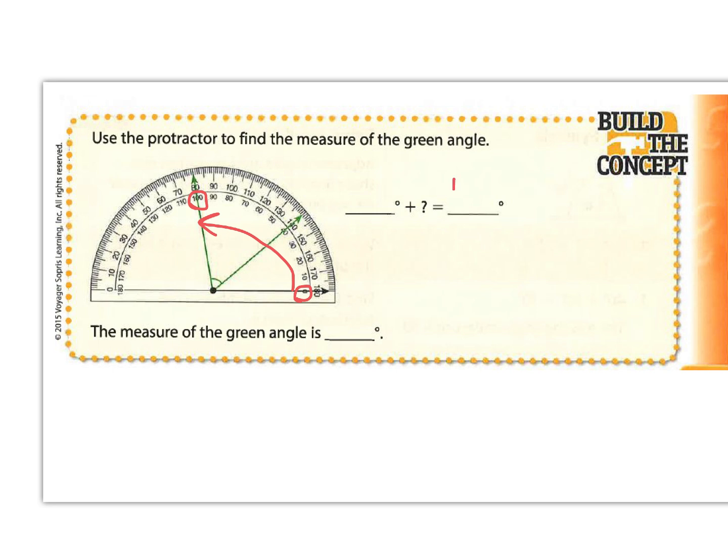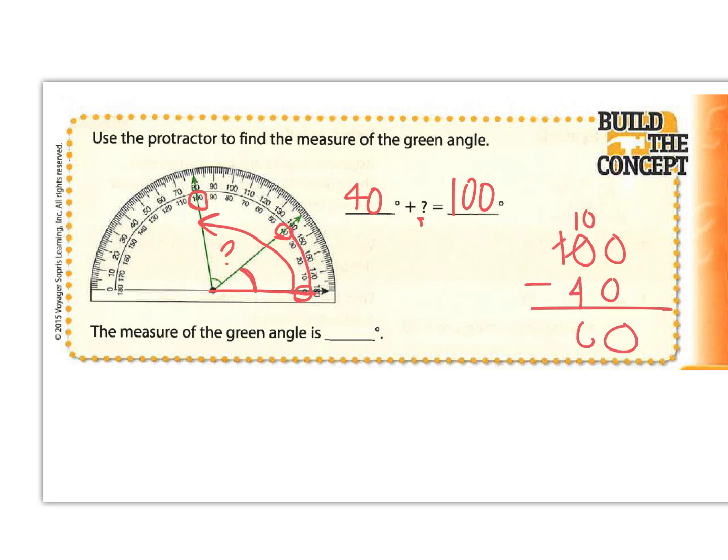So our full angle is 100 degrees. And then from here to here, because again it's lined up on the 0, we go to right here, and that is 40 degrees. So 40 plus this mystery angle, question mark, is 100. Let's go backwards. 100 minus 40 equals 60 degrees. So the measure of this green angle right here is 60 degrees.